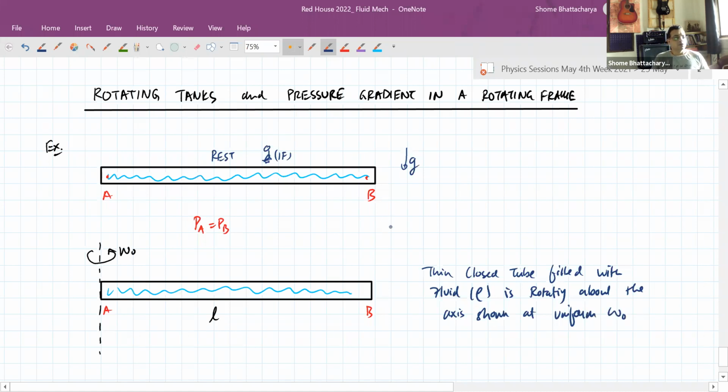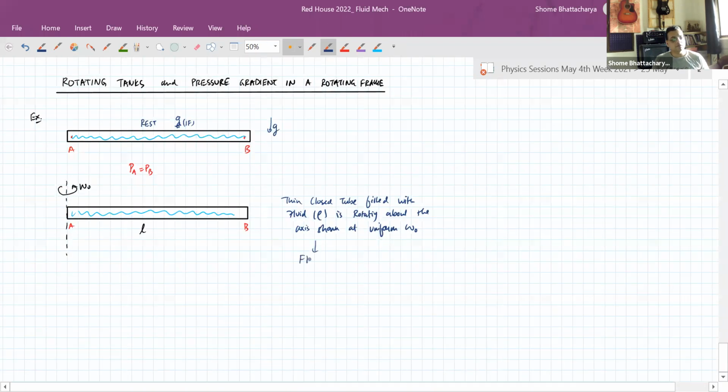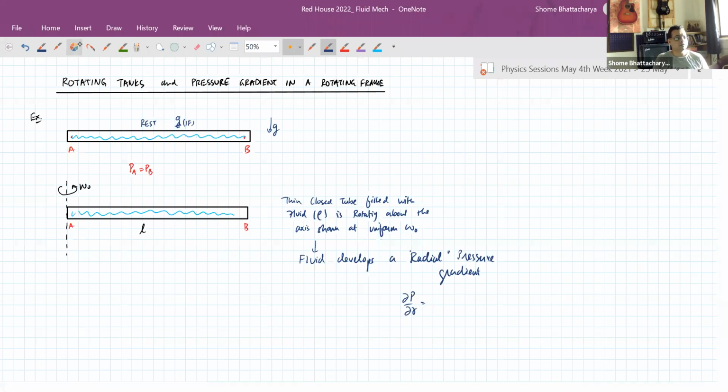Okay. So what will happen now is that the liquid will develop what is called a radial pressure gradient, which we can write as del P by del R, where we can consider this as our radial axis.